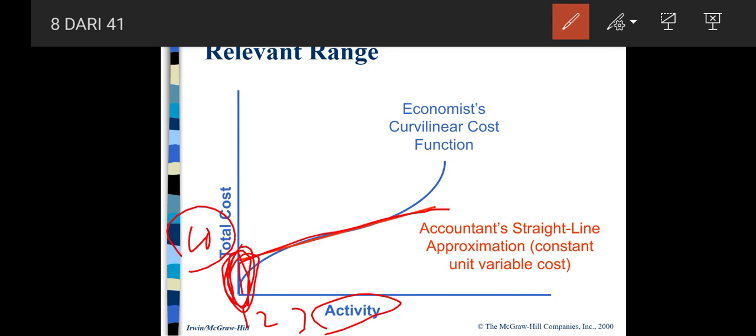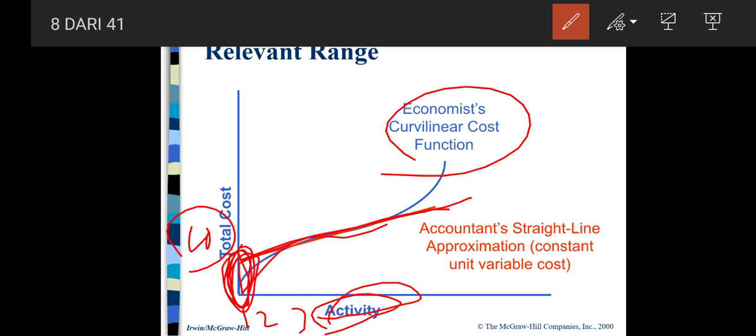Berbeda dengan yang ekonomis tadi, yang kenaikannya tidak konstan. Kalau menurut accountant straight line, dia akan tetap di titik tertentu dan akan langsung naik terus mengikuti aktivitas yang meningkat, dan kenaikannya konstan.